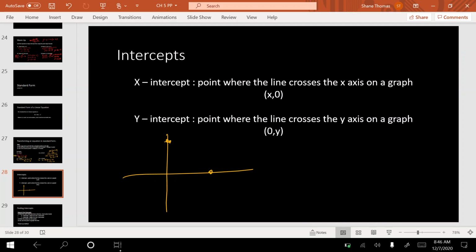For instance, we might have this point, an x-intercept crossing the x-axis, at 4, 0. And this guy up here is at 3, so we have the point 0, 3.